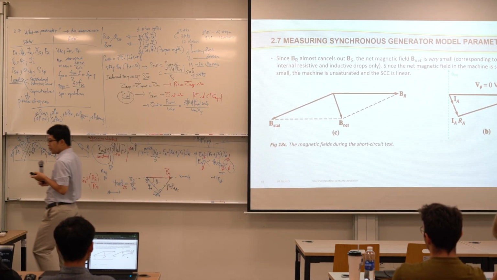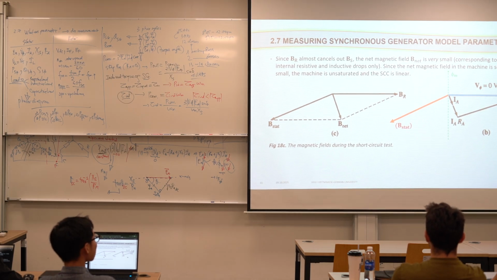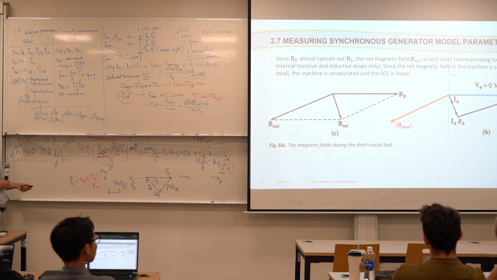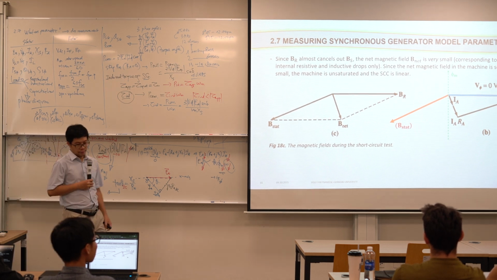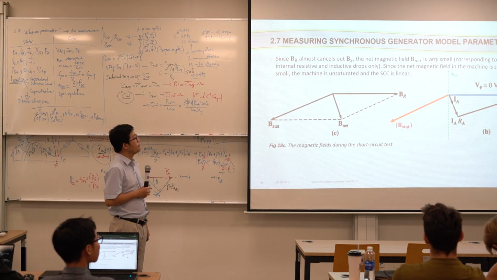This one is for your review. We have BR parallel to EA, and B stator perpendicular to IA. Of course, this one is phi m. Questions? Why do I know here is phi m?